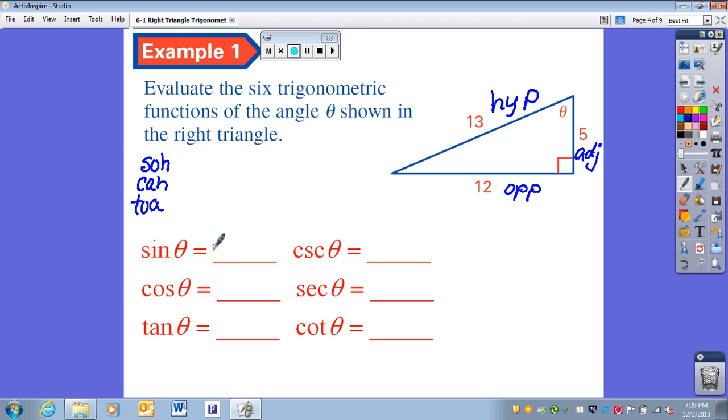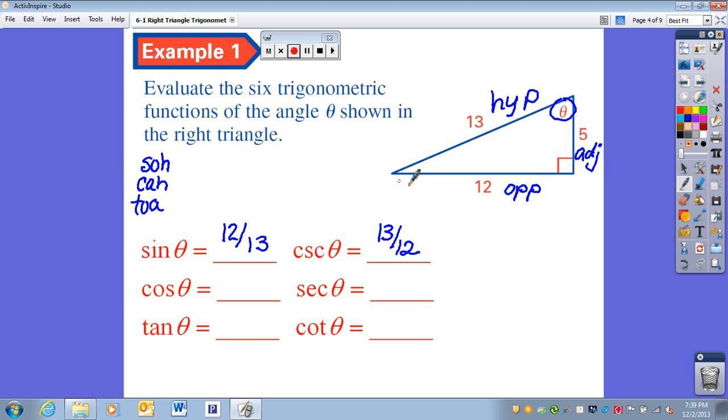So when we're looking for the sine of theta, here's our theta right here, and we want the opposite over the hypotenuse. So that's simply going to be the ratio of 12 to 13. And we know that cosecant is the inverse of that, so that will be 13 to 12.